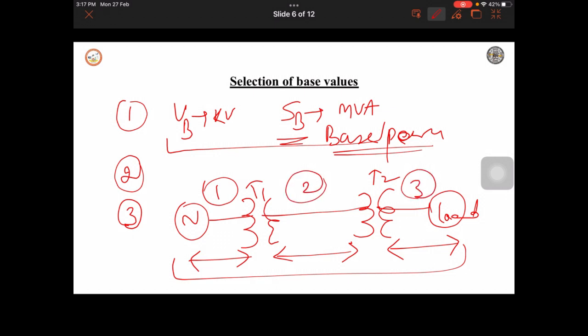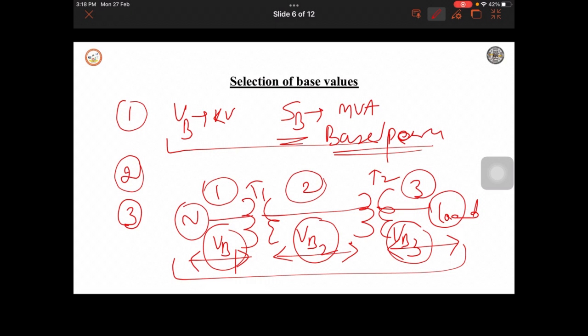That means two winding transformers in a power system will divide the whole power system into three parts. So base voltage here and here will be different. This is base voltage generator side, this is transmission line side, and this is load side. Totally these three values are different, but base power remains same. Why? Because the whole power system is operating at some power based on the generation. That power we are considering as base power.